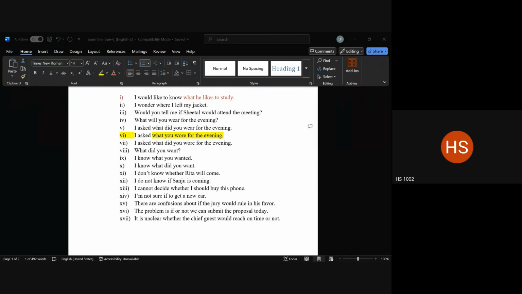Okay, and then one with who. We need to find out who put the cat in the well. So what is this one? We need to find out what? Who put the cat in the well.